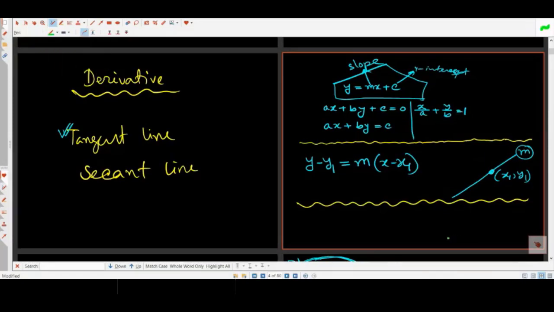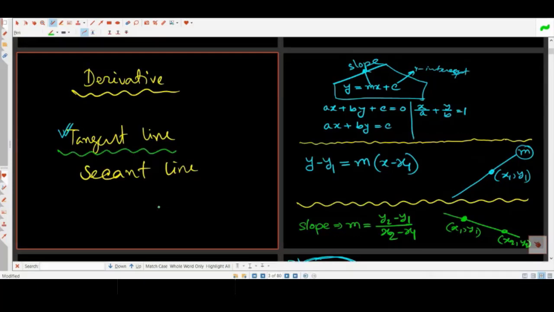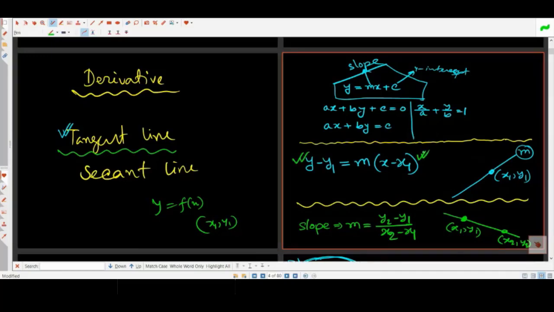We also know that if a straight line goes through two points, say (x1, y1) and (x2, y2), then the slope will be (y2 minus y1) over (x2 minus x1). Whenever we need to find the tangent line to any curve y equals f of x at any point (x1, y1), this formula will be helpful.